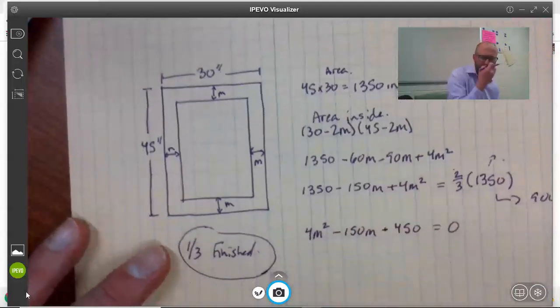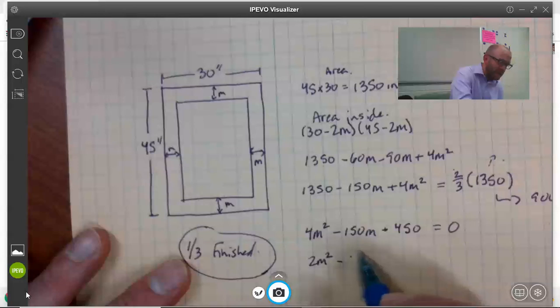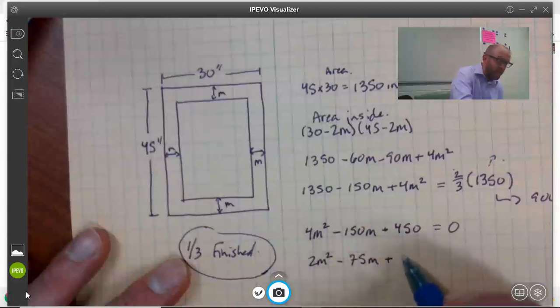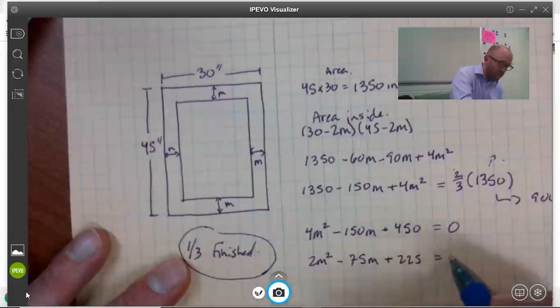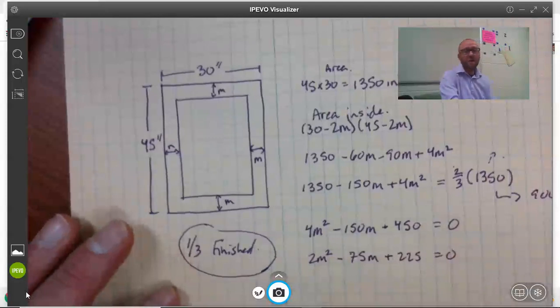See, I can divide each of these by 2. 2M squared minus 75M plus 225 equals 0. And we just have to find the solutions for this equation. There will be 2 solutions.